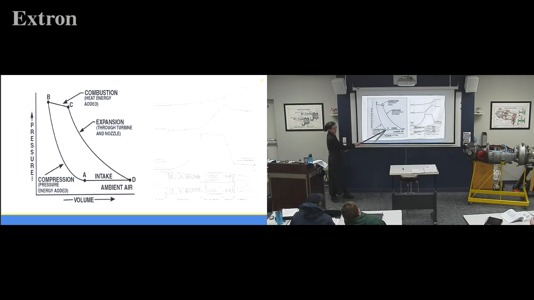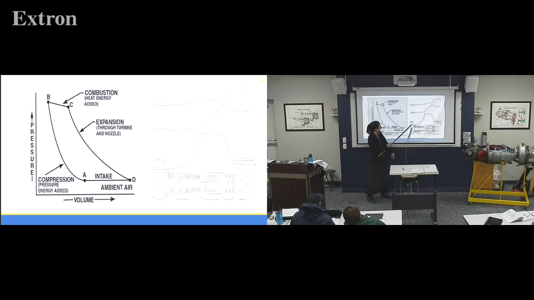As the air gets compressed, volume drops a little bit and pressure shoots way up because that's what we want with our compression. And then with combustion, slight drop in pressure, but we're really building up that volume with the expanding air. And then expansion out through the turbine and the nozzle till finally we get back to ambient condition. So that's comparing volume, pressure.